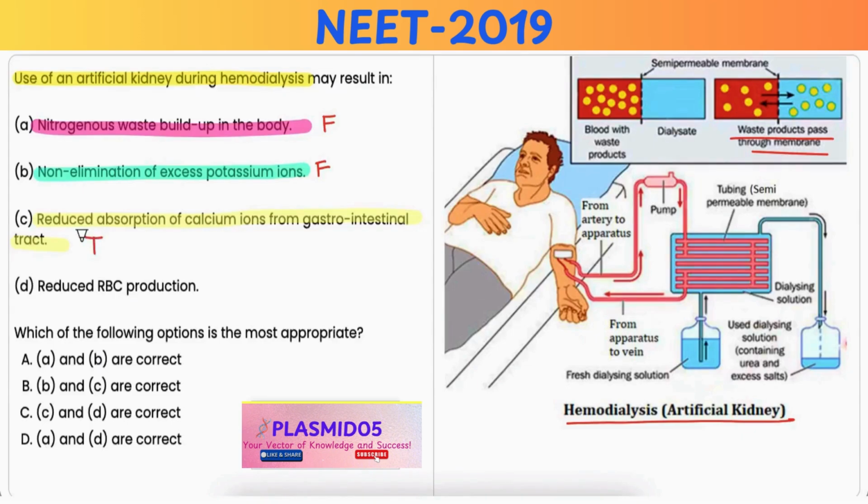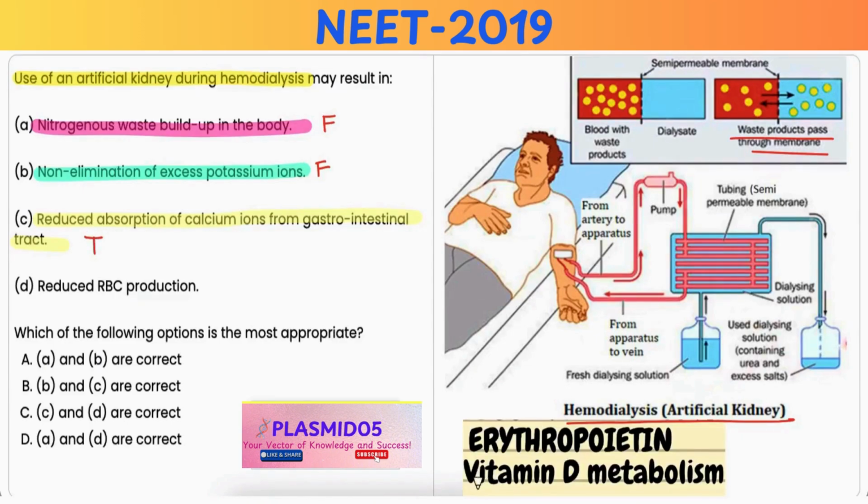Now, it is true because hemodialysis can lead to disturbances in calcium and phosphate metabolism. The kidneys help in the activation of vitamin D, which is necessary for calcium absorption from the gastrointestinal tract. So, if the kidneys are not functioning properly and hemodialysis is used, calcium absorption can be reduced.